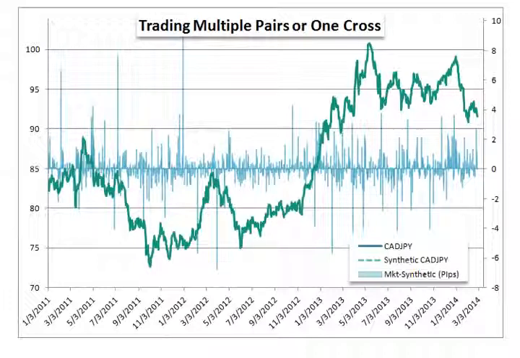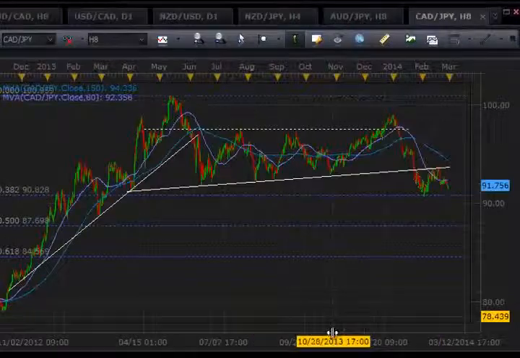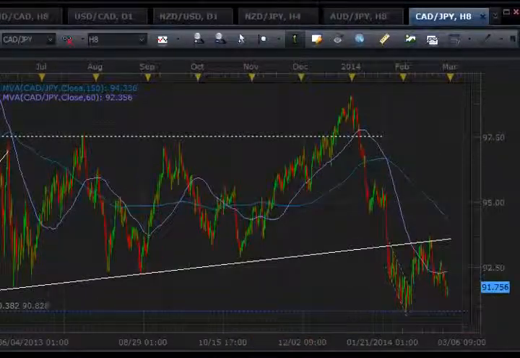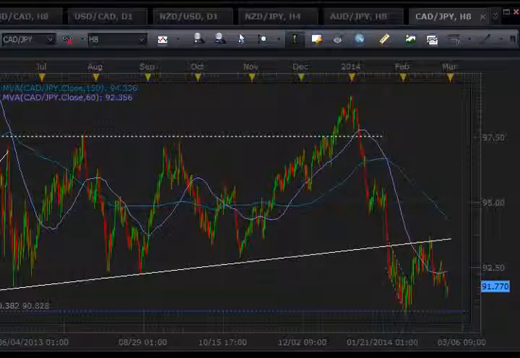So I would have to ultimately look at the CAD yen chart to see where those two are going together. But is there a value in holding this market-based rate versus looking at the individual two and holding them together? Well, you could save a spread that you'd be paying for making two currency pairs versus the one for the CAD yen, but there is a value in holding two.